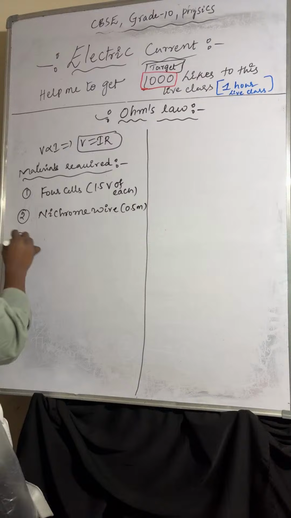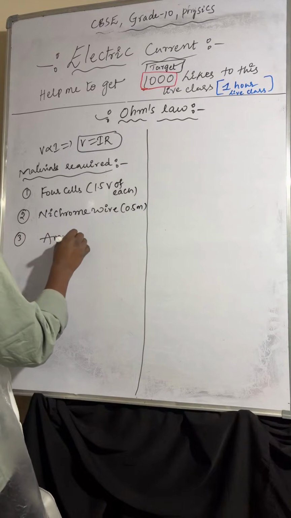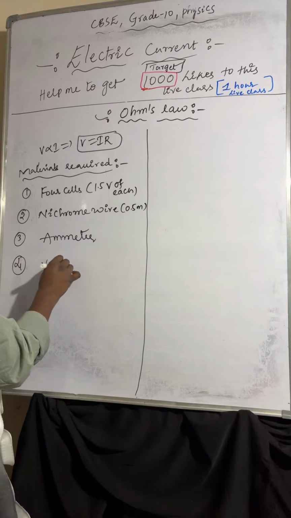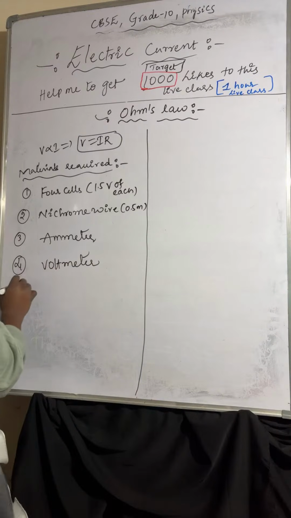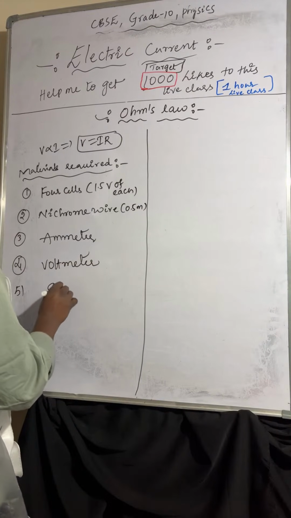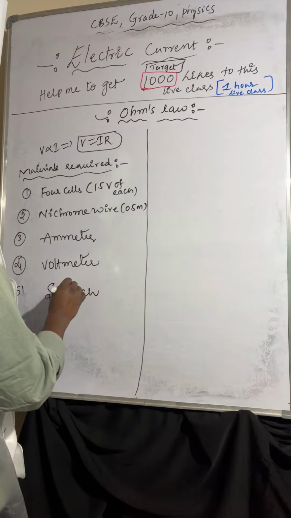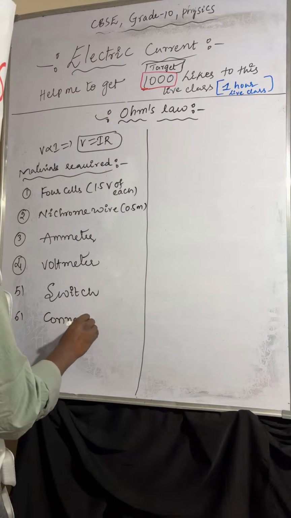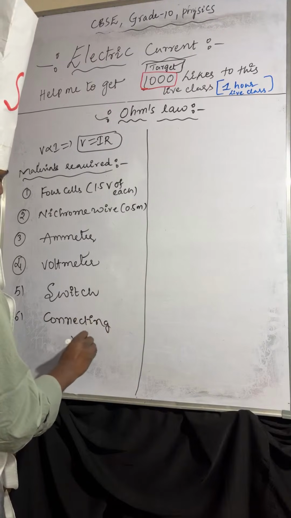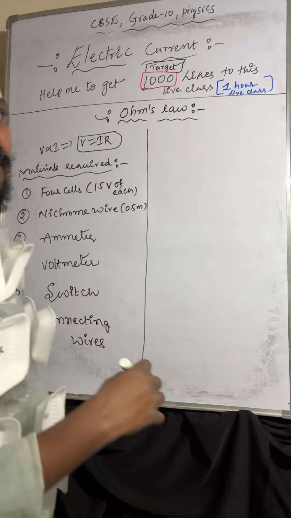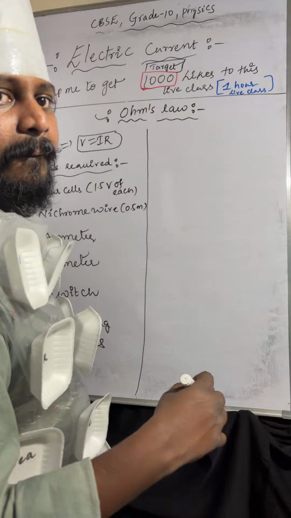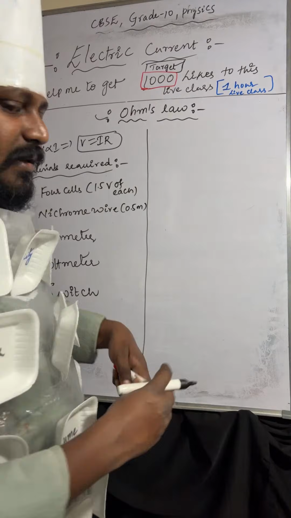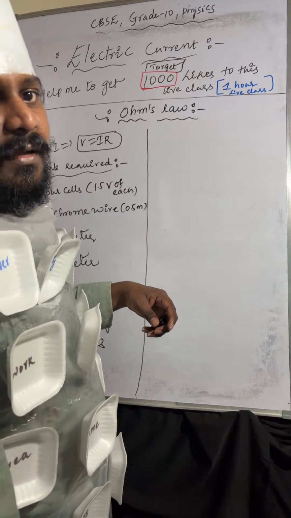Third, ammeter. Fourth, voltmeter. Fifth, switch. And the sixth one is connecting wires. So you can observe here.